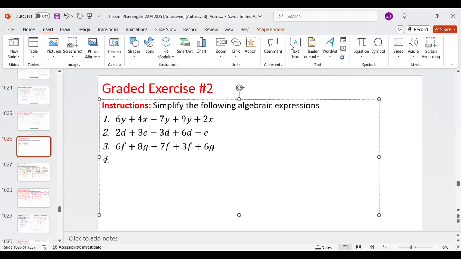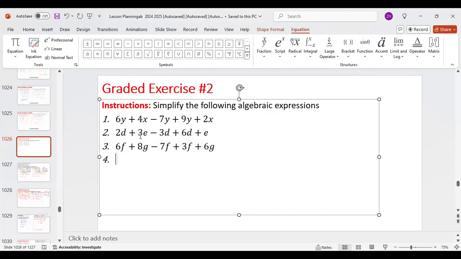It's going to be insert 8k plus 4s minus 9k plus 2k plus 3s.